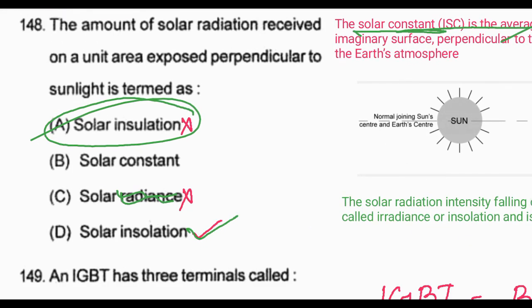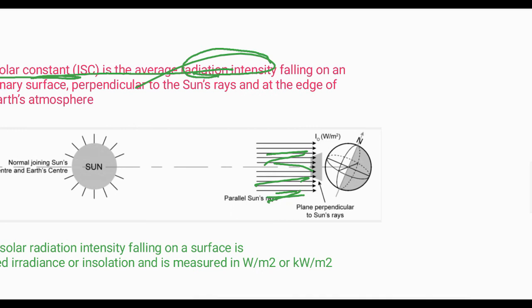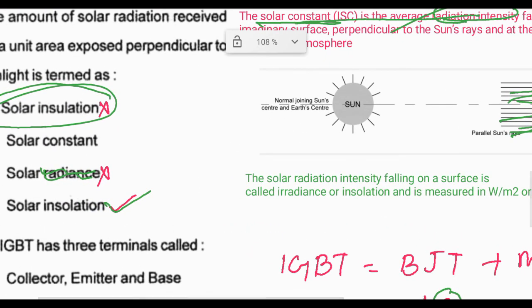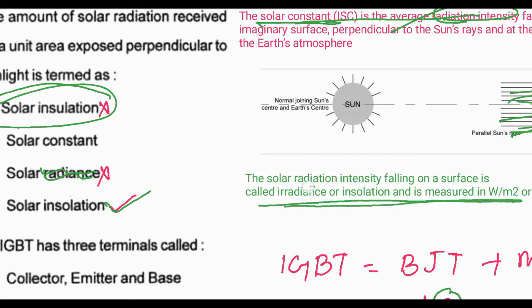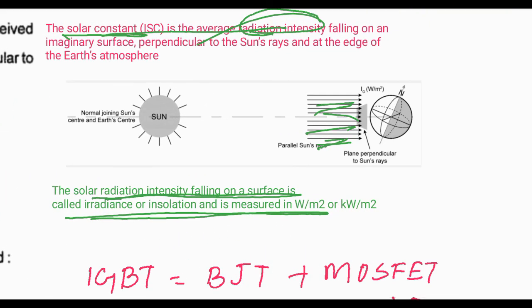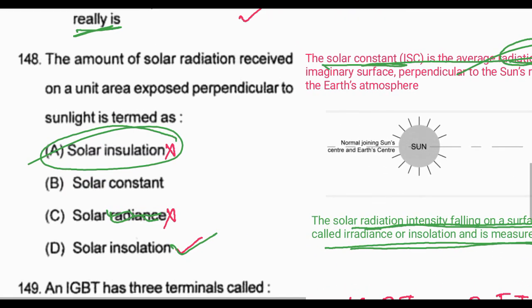What is solar insolation? Solar insolation is the same as solar irradiation, and this is measured in watt per meter square, and this is the energy falling per unit area, radiation on a unit area.